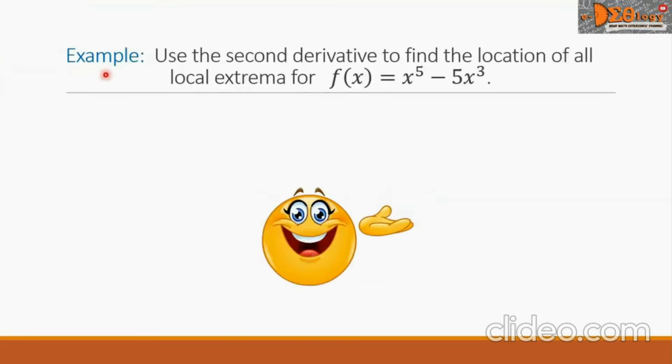Let us see this example. Use the second derivative to find the location of all local extrema for the function f of x equals x raised to 5 minus 5x cubed.